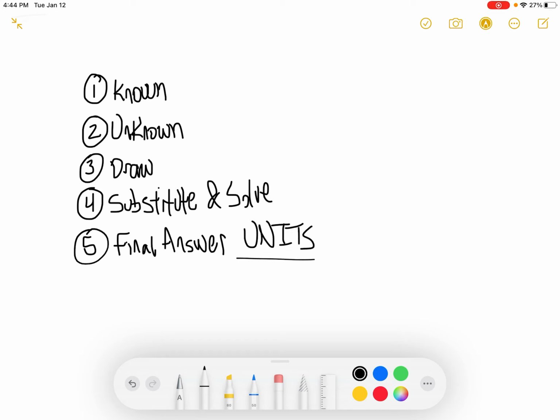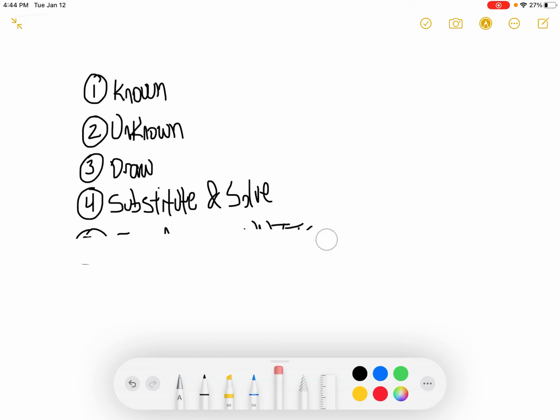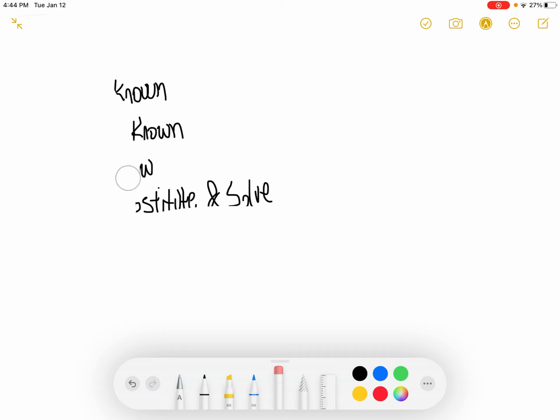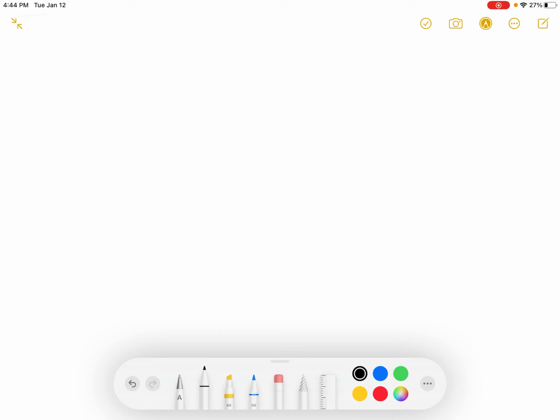You need units. So there's units for each of those variables we talked about. Let me say what they are real quick. You'll always need to convert to these units and write them in your final answer if needed. Diameter is in inches. Radius is also in inches.